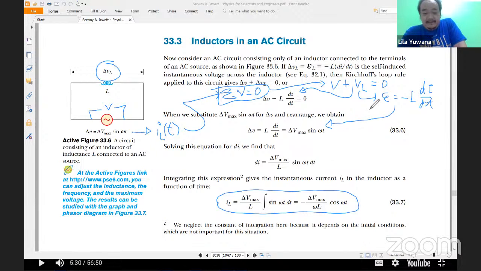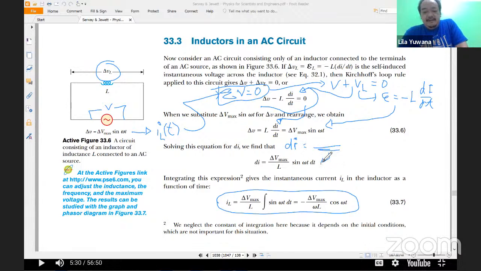So we rearrange the expression, and we rearrange again, so we have the form of dI.